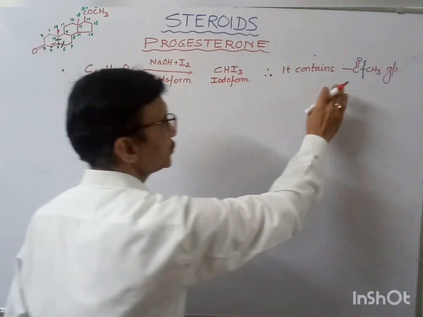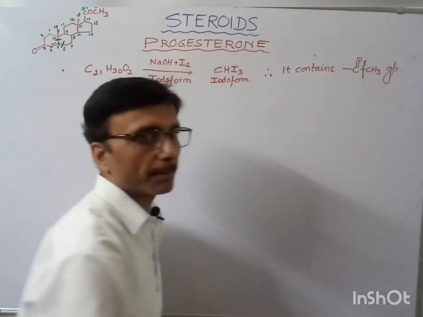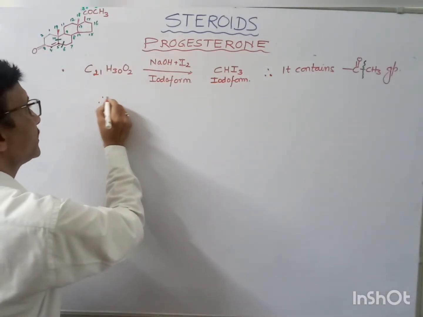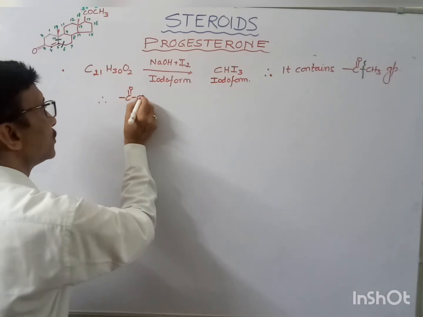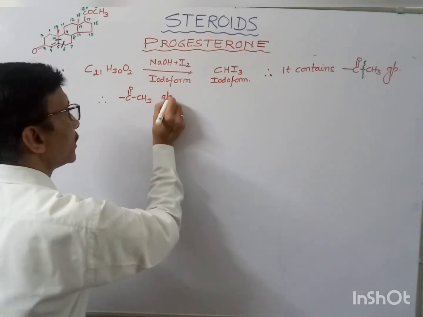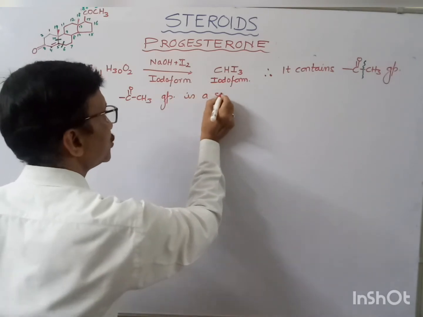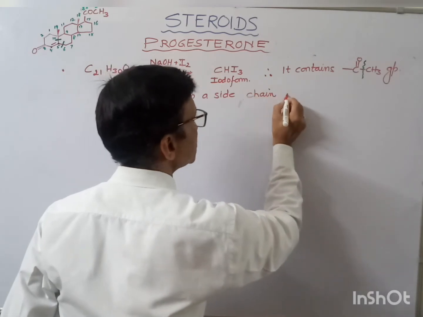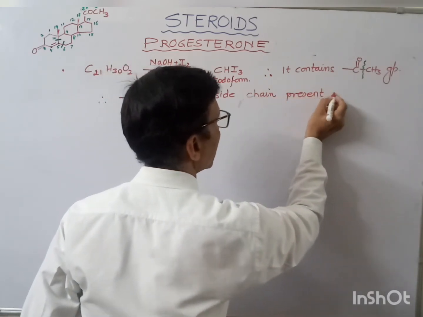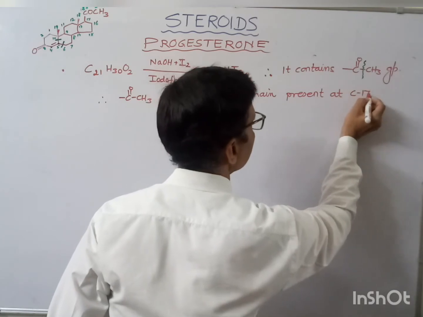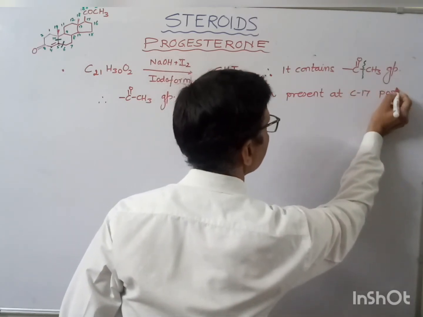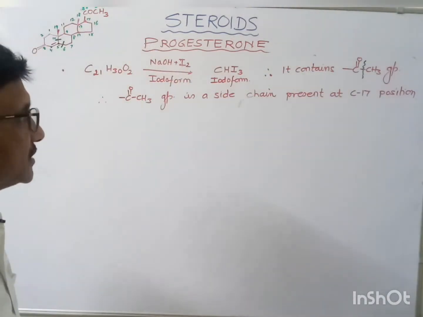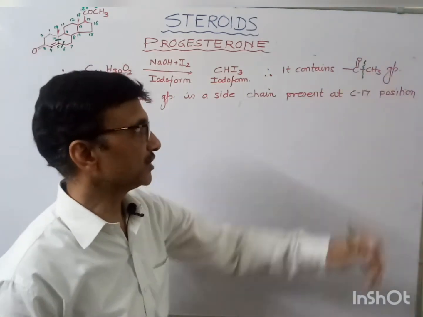Therefore these two carbon atoms must be present at the 17th position as a side chain. Therefore we can write that the COCH3 group is a side chain present at the C17 position. Okay, that is this position, so this side chain is present.